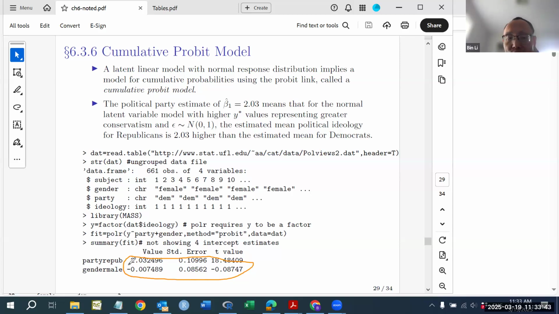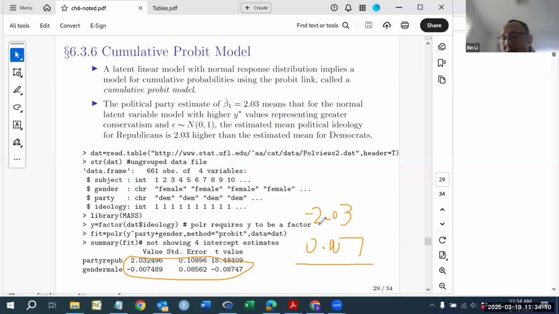So if I ask you what is the coefficient for the cumulative probit model, not the latent variable model, for the party, then it will be negative 2.03 for the party and positive 0.007 for the gender.